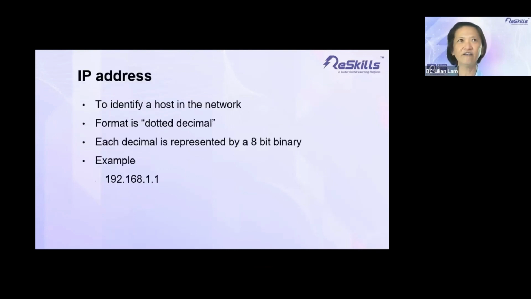Okay, first of all, what is an IP address? An IP address is to identify a host in a network. Let me annotate. Normally we represent a host in the network as a client. Of course, there are many other devices in the network, so there are routers and switches as well.